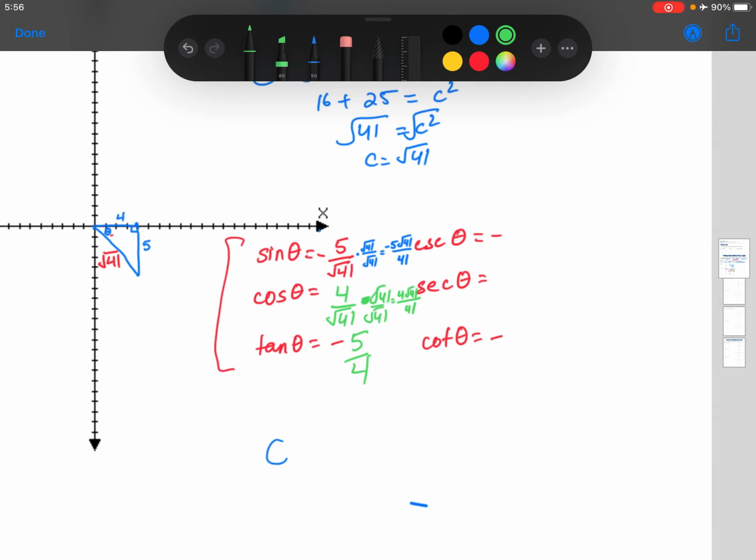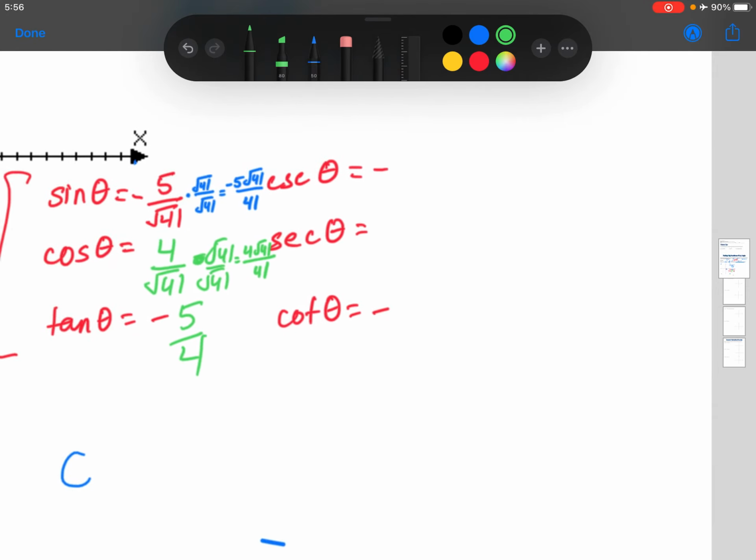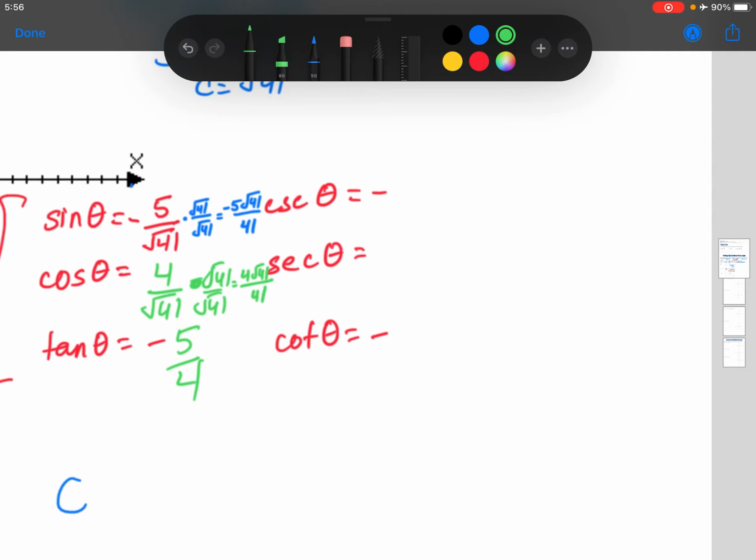Negative 5 over 4. Now once you know sine, I'm going to go to the original, not the rationalized one. Can I not find cosecant? It'll be negative rad 41 over 5. Secant would be this, rad 41 over 4. And cotangent will be the reciprocal of tangent, or flip it, it'll be negative 4 over 5.